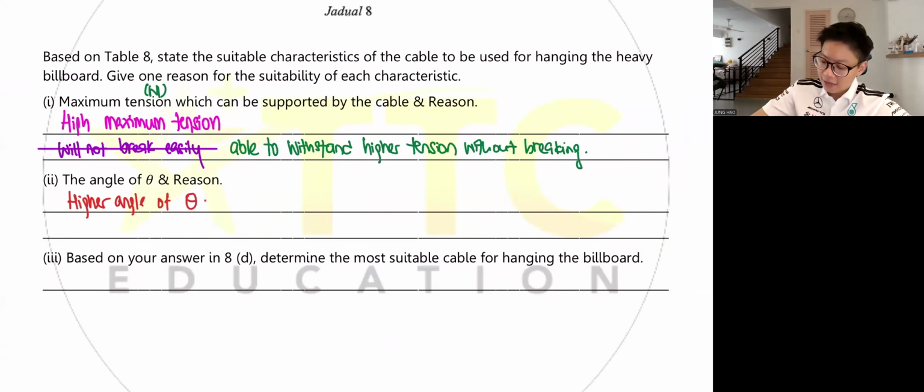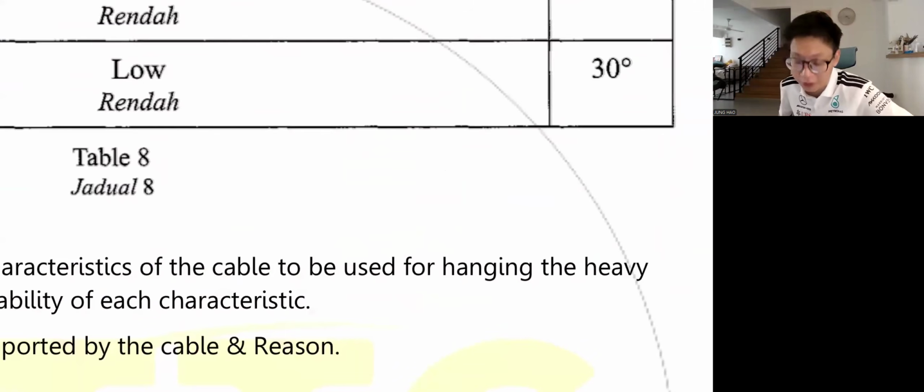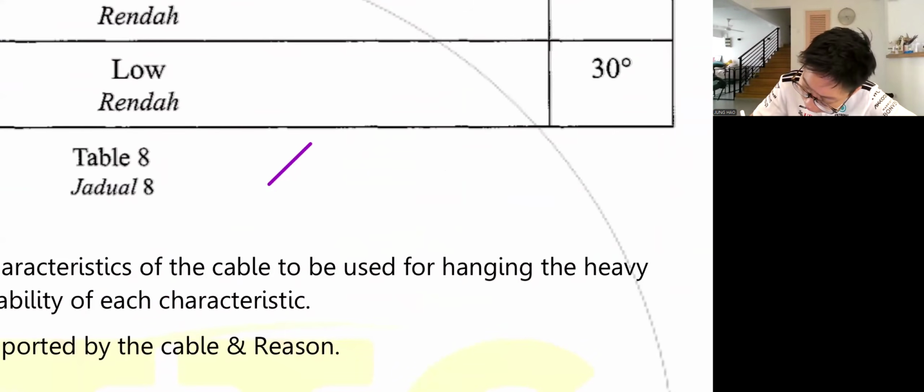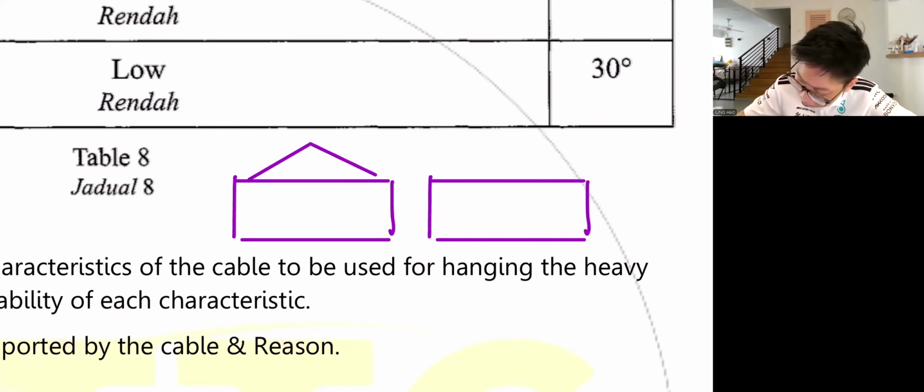Next. Then guys, what about the next one? Why do you want higher angle of theta? Yes, correct, guys. Because if now you get to choose two ways to hang a picture, for example, now we got macam ni, to hang this picture, versus if you have this way to hang another picture.